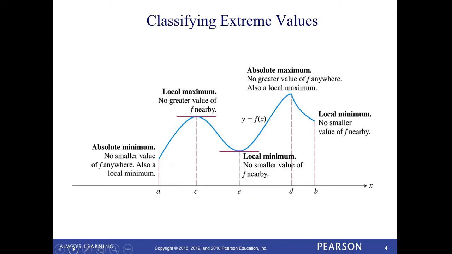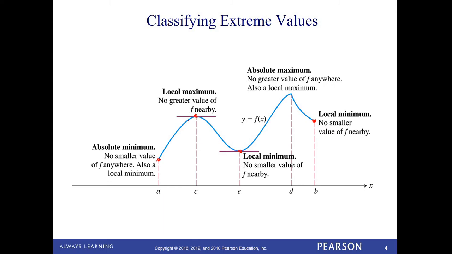So classifying as local or absolute, you all remember this. An absolute minimum is the value that is a minimum for the entire function on the particular interval, in this case the interval from a to b. A local maximum and minimum are ones that are not the greatest max or the smallest min, but they are in between.